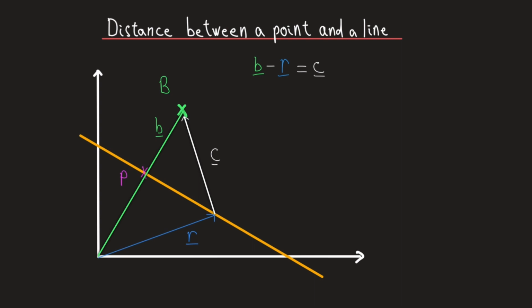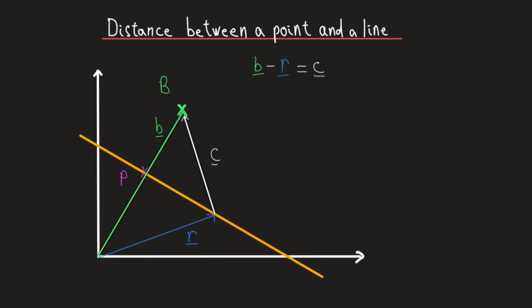The way we know that the resulting vector will be in this direction is that, first of all, let's call the difference vector C. And if we bring our position vector R on the other side of the equation, we will have vector R plus vector C. And clearly the addition will result in our vector B. This graph is a bit confusing because it might seem that our position vector B over here is perpendicular to our orange line here.